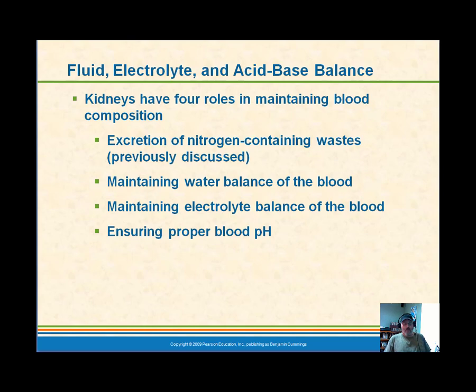First off, we get rid of nitrogenous waste, and we've previously discussed these as waste products that come from metabolic processes, such as breaking down, building up amino acids into proteins, etc. It's important in maintaining water balance in the blood, keeping the appropriate amount of fluid in our bodies, maintaining electrolyte balance of the blood, and ensuring proper blood pH.